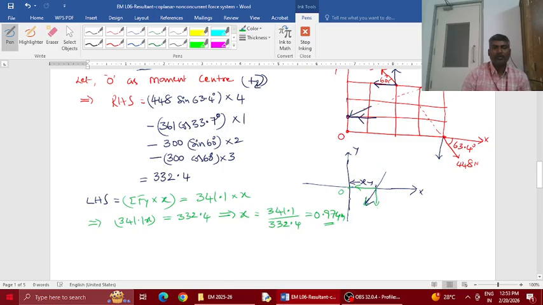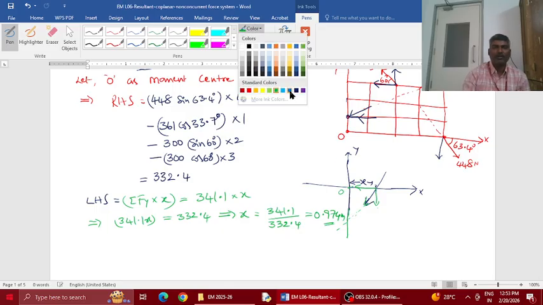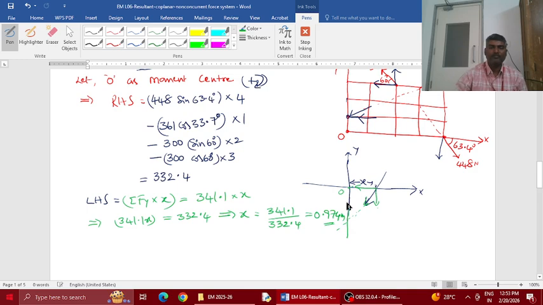Similarly, if I extend this line of action like this, I'll draw with a different color. The resultant is going to intersect the y-axis at an unknown distance y.